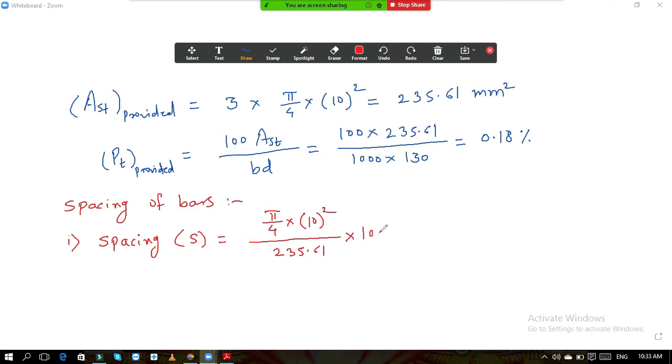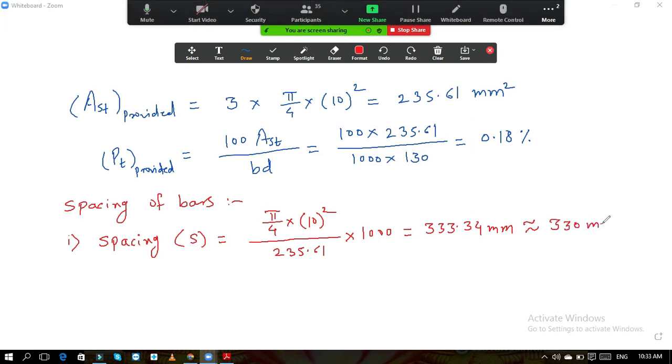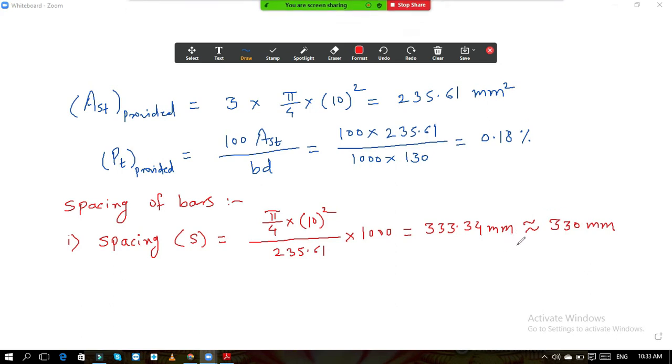Now your width is 1000, per meter analysis you are doing. If you calculate this, you will get the spacing as near about 333.34. So we will round this value to 330. We always reduce the spacing and we always increase the depth when we are rounding.